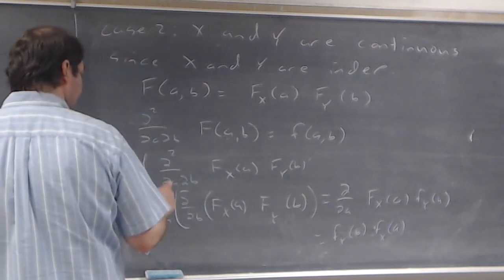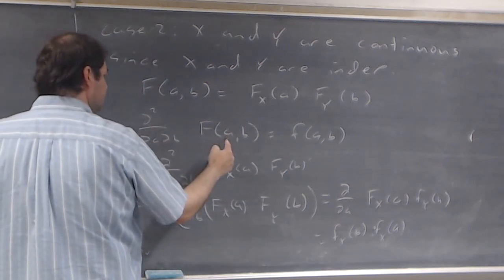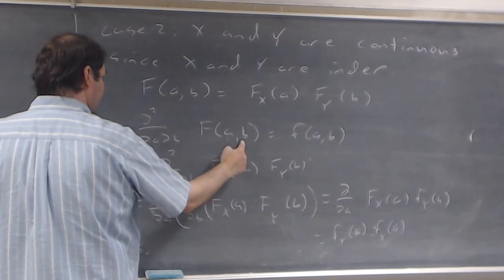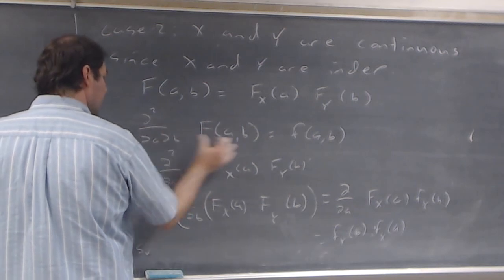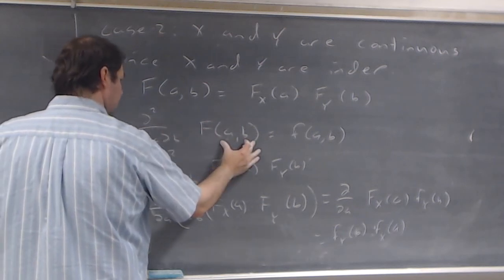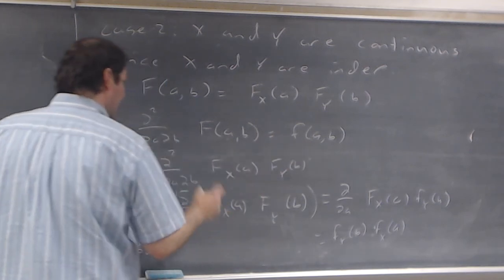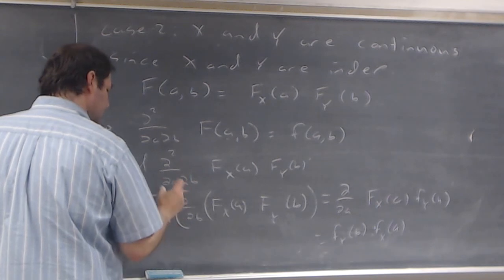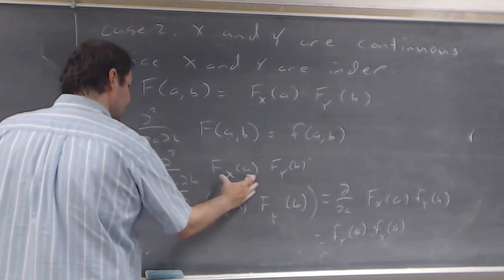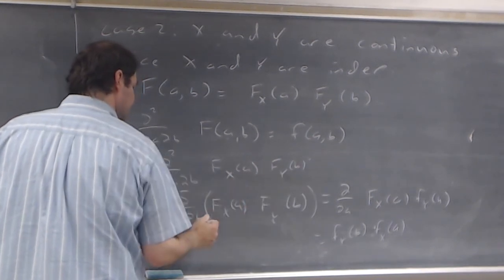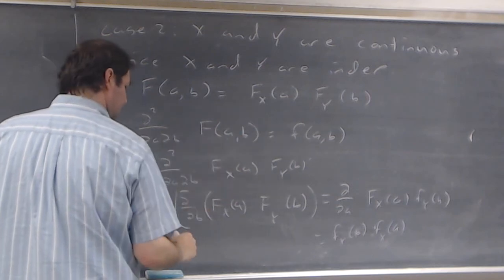And so what we've shown is the derivatives of the joint is equal to f of (a, b), but that derivative of the joint is the same thing as the derivatives of the multiplication of each individual CDF because of independence here.